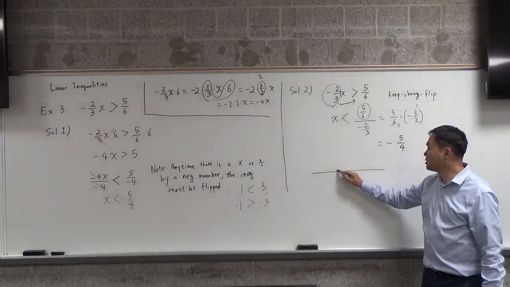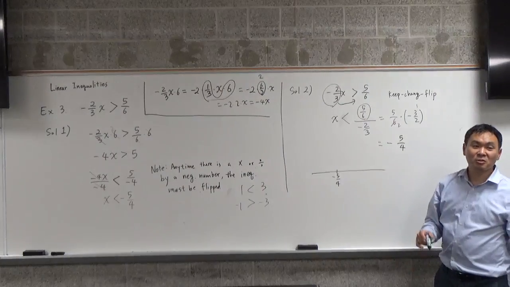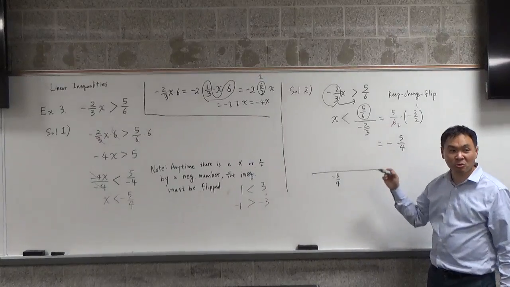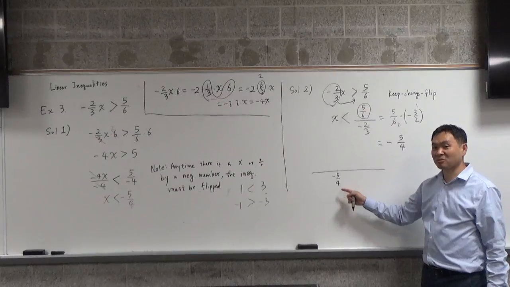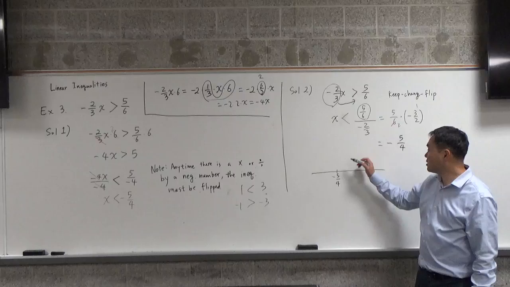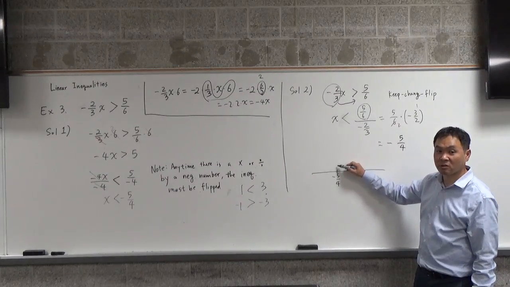What's the picture? Negative 5 over 4. By the way, you don't really have to mark all the points on the number line when you draw these. You can just write down the number that's relevant. So I'm just going to put -5/4, and then it's a strict inequality. Should I put a closed circle or open circle?